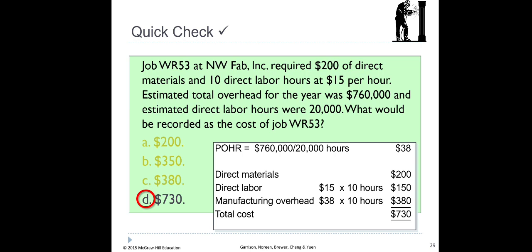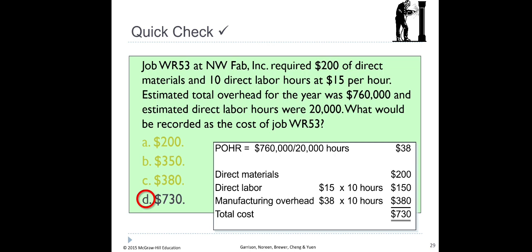So you can see there in the small box, POHR equal to budgeted overhead $760,000 divided by the budgeted allocation base. In this question or scenario, the budgeted allocation base is 20,000 labor hours. So the POHR is equal to $38 per labor hour. So now you have settled that first step.